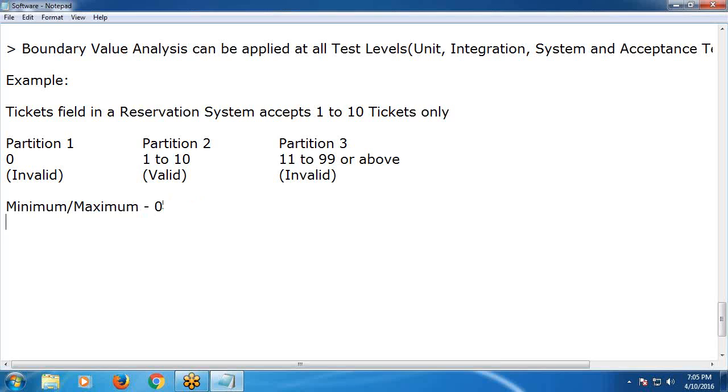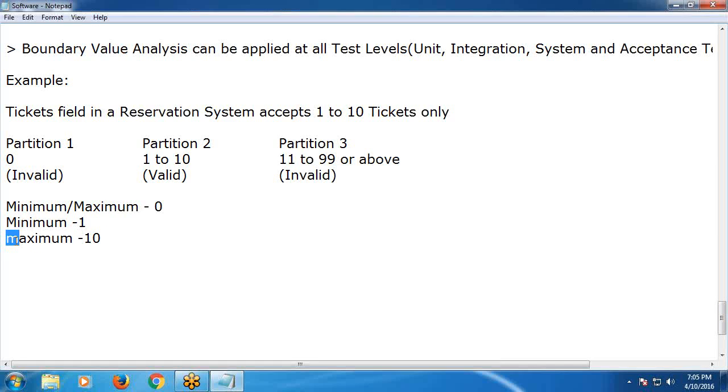For the second partition, minimum 1, maximum 10, you need to take these two inputs.